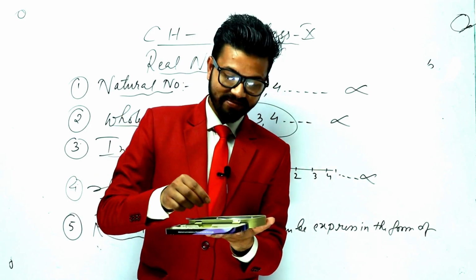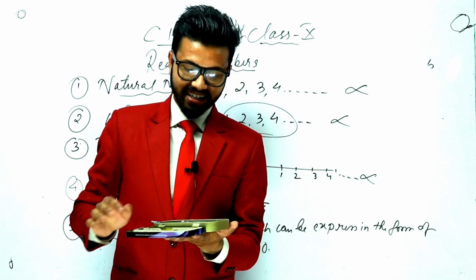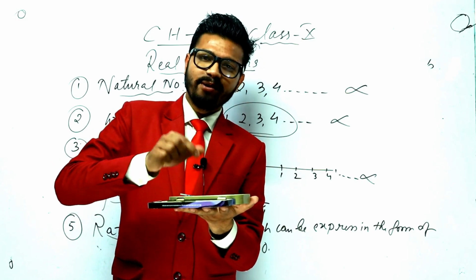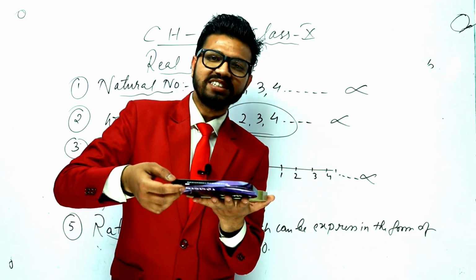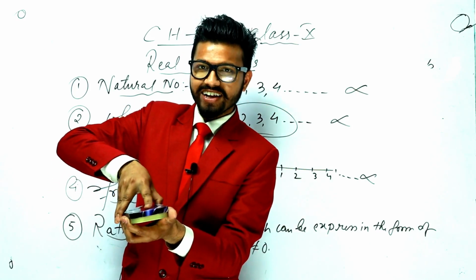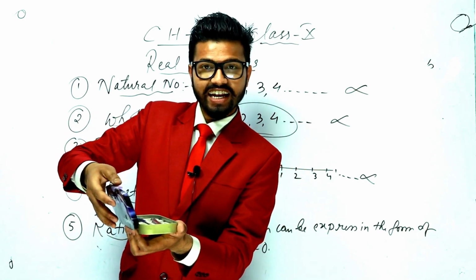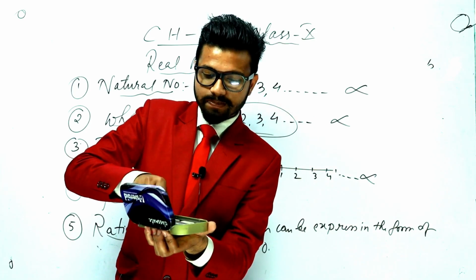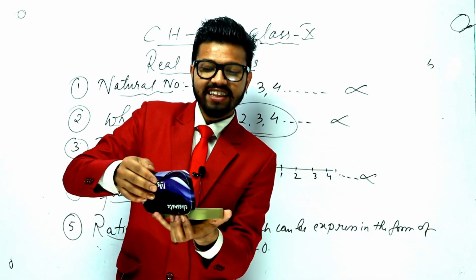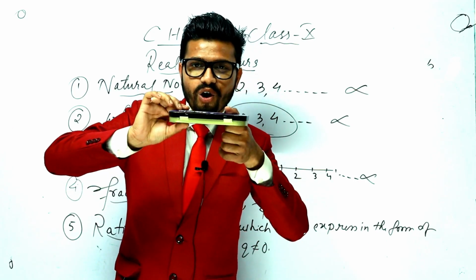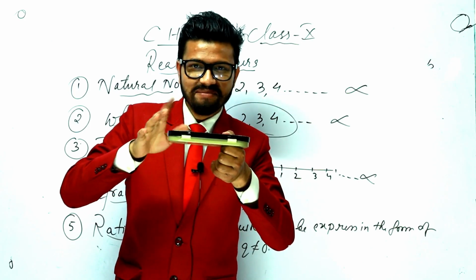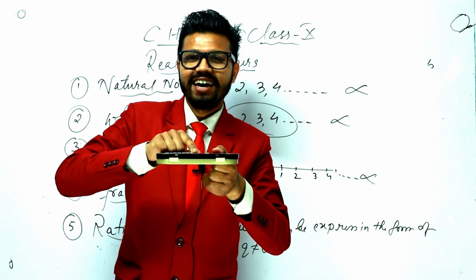Suppose these are all natural numbers. I keep the natural numbers inside a geometry box, and this geometry box is your whole number. So all the objects are included in the whole number. These pencil, rubber, eraser are the natural numbers, and the whole geometry box is your whole number. That means all the natural numbers are included in the whole number.